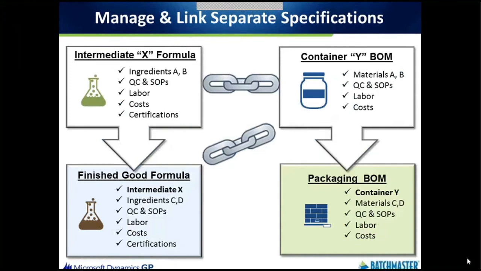And then you marry the formula spec to the packaging spec to create the finished good spec. And since they're separate entities, a change to a common formula can easily update all of its related finished goods. This structure really reduces the number of records that you have to manage in the system.